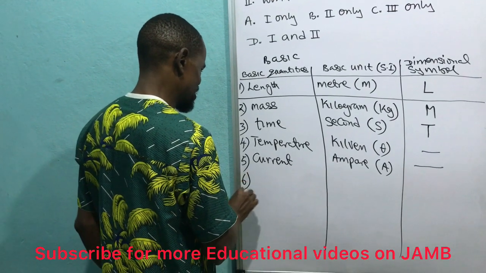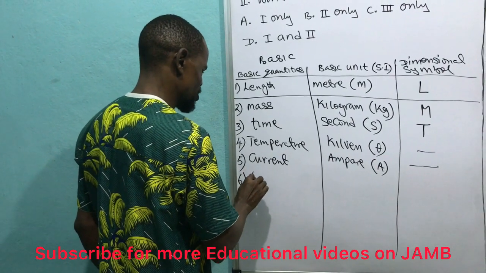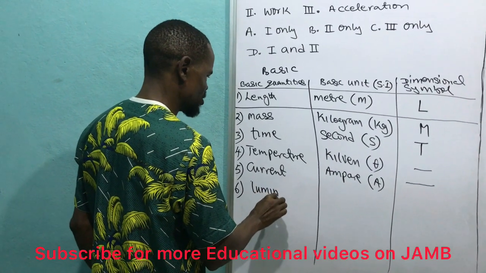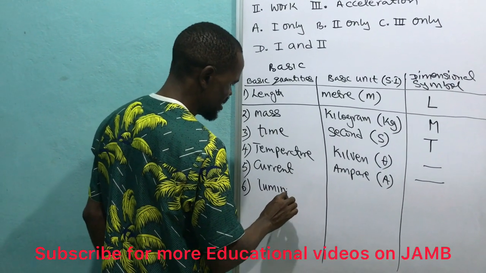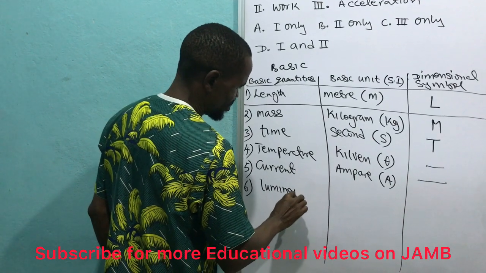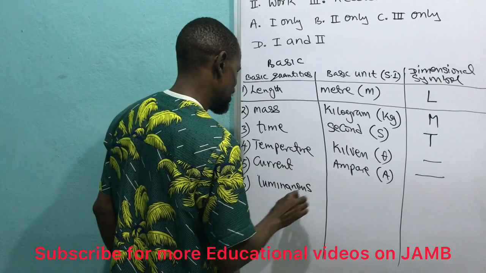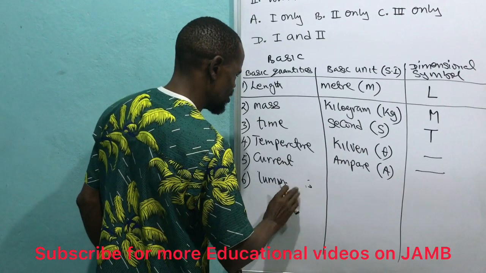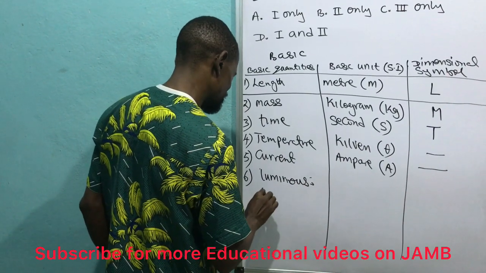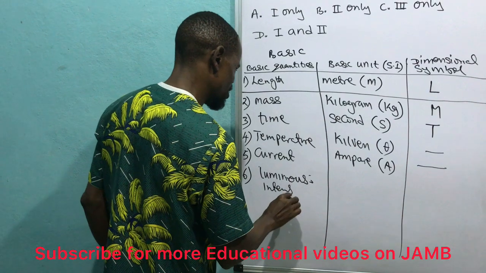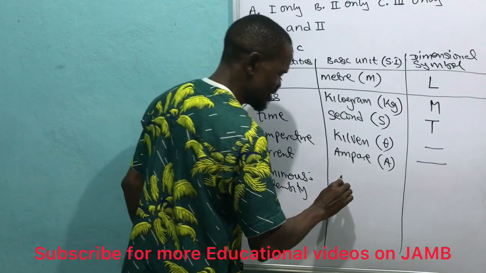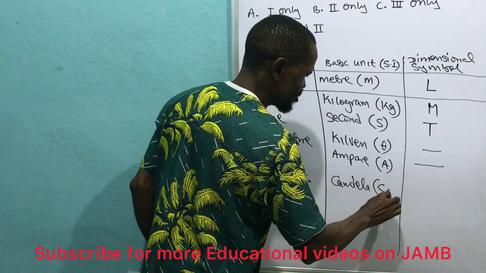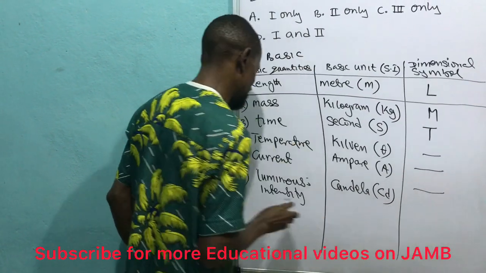Number 6 is illumination, that is, luminous intensity. The unit is the candela, and the abbreviation is cd.